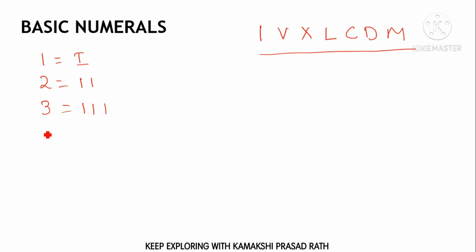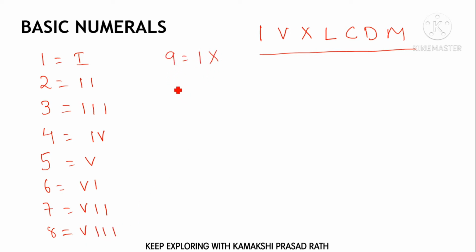These are the basics you have to remember. For 4, we use the small-big group, that is IV. For 5, we use V. For 6, VI. For 7, VII. For 8, VIII. Again for 9, we use IX, and for 10, we use X.